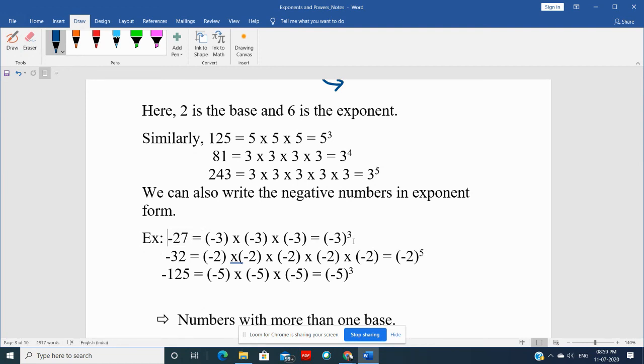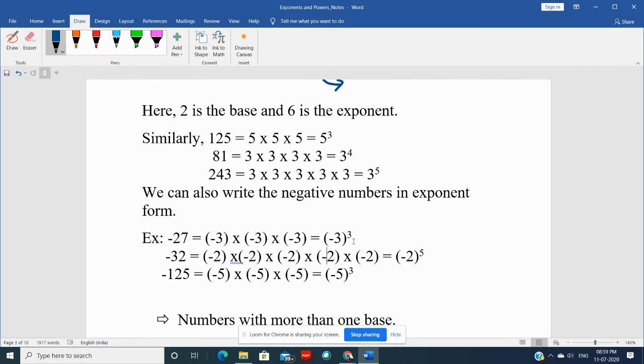You just have to prime factorize it the way we have been doing, but the only difference is that each number will have a minus sign with it. So minus 3 multiplied by minus 3 multiplied by minus 3 gives 9, then 27. Here you have to write minus 3 raised to the power of 3. Don't forget to put the bracket. Any negative base will always have a bracket.